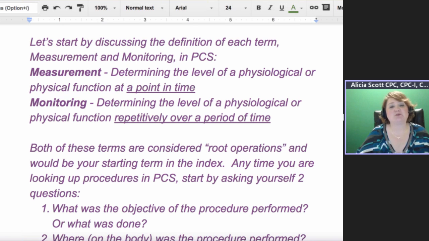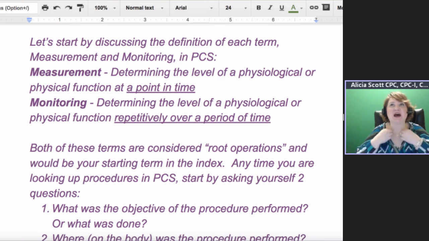We're talking about procedure codes, and so of course you think, okay, CPT. But we're not talking about CPT codes. These are things you're doing to a patient in an inpatient facility environment, and there are no CPT codes that cover this.